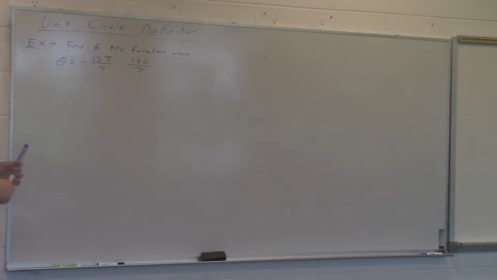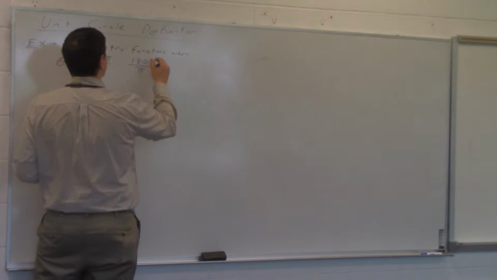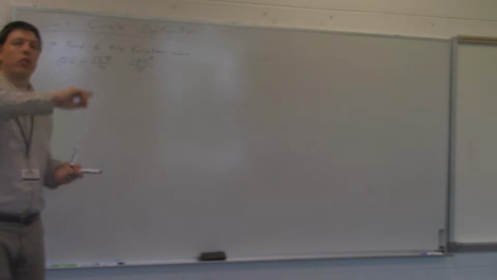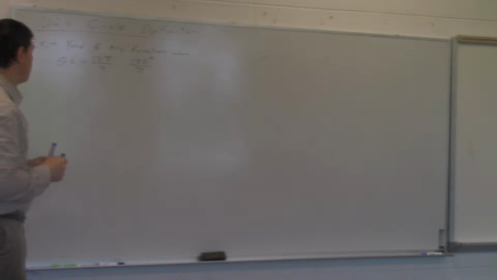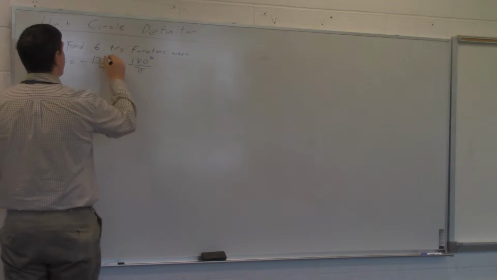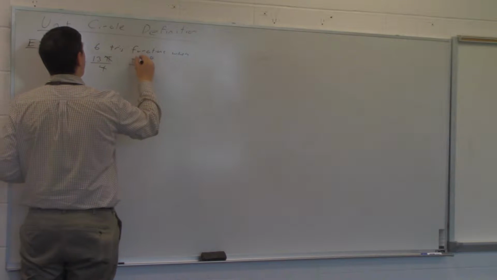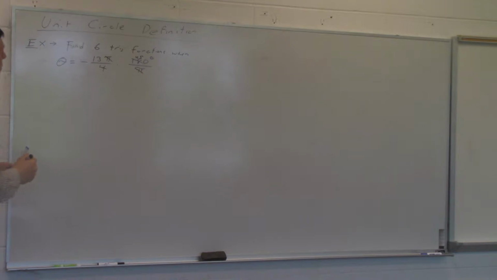Okay. Now notice what happens, and this is to convert to degrees. So I'm going to say 180 degrees for every 1/2 revolution of the circle, or pi radians. The pi's cancel out. We know that 180 divided by 4 is going to be 45.